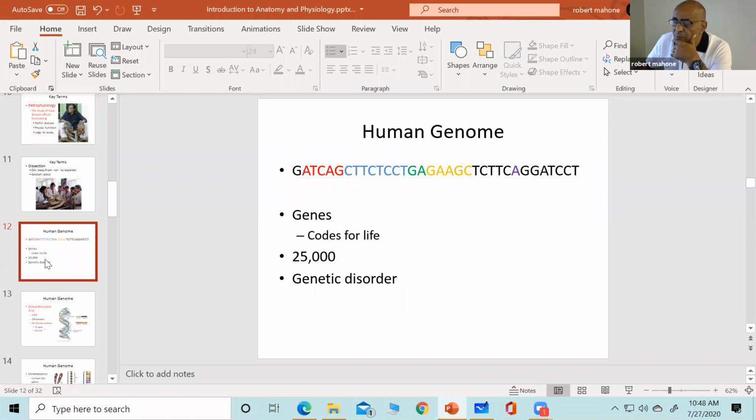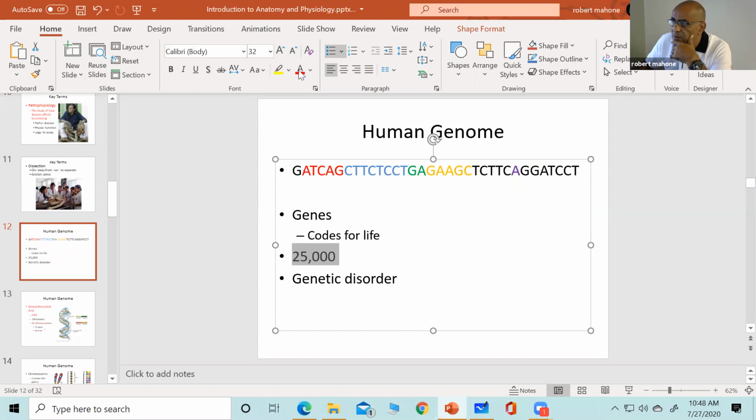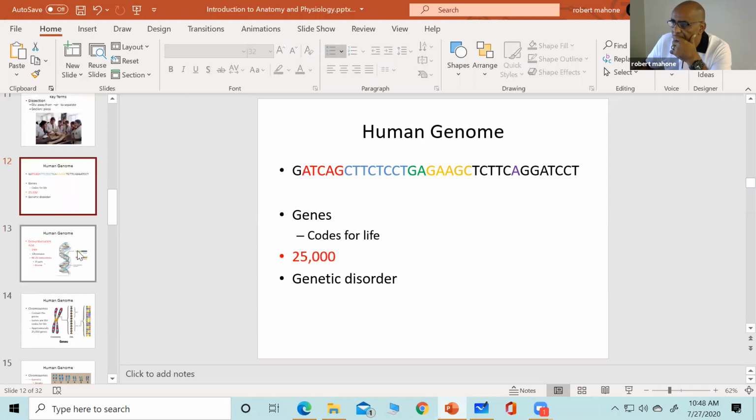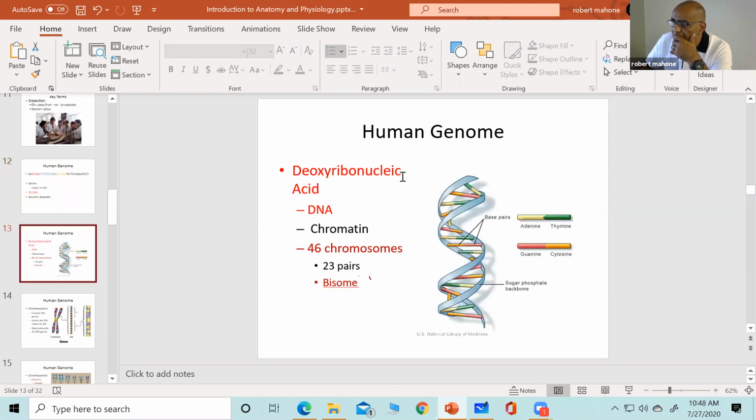We looked at the human genome, and though it's not in red, I'll go on and do it now. 25,000 genes in human DNA. Be able to spell deoxyribonucleic, and know that the DNA contains 46 chromosomes. And that humans, since we have two of every chromosome, are diploid.